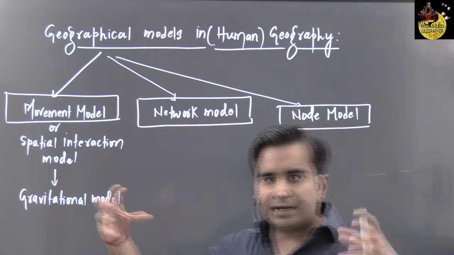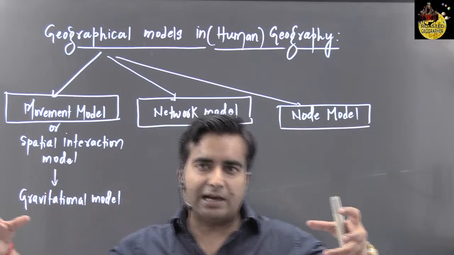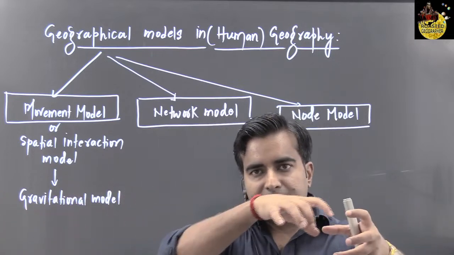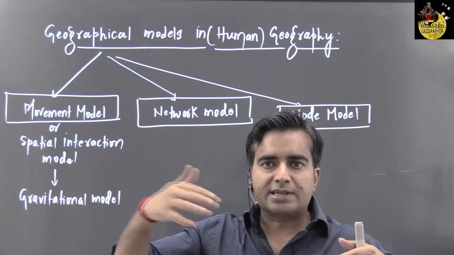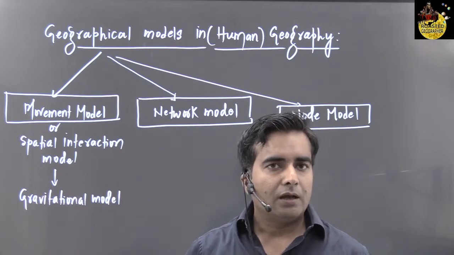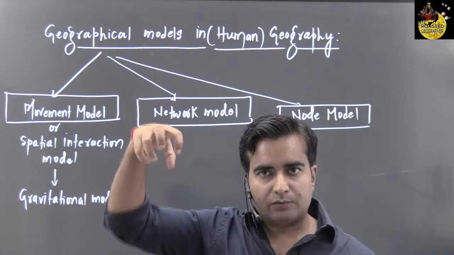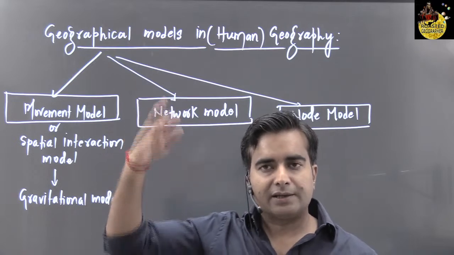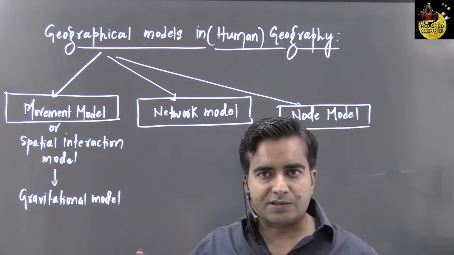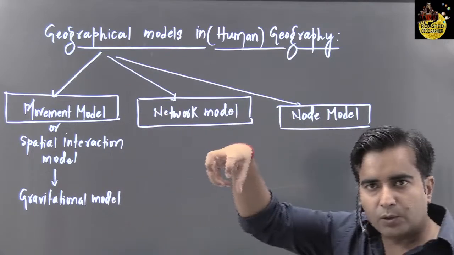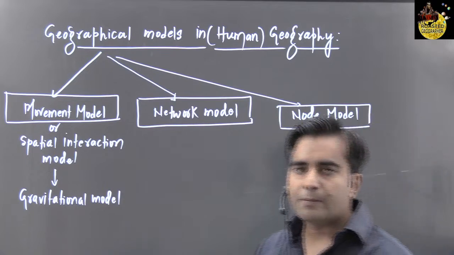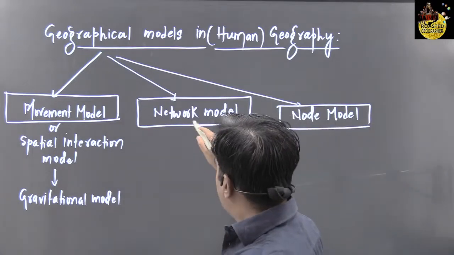We can predict that if two cities are connected by the national highway, then some of the settlements will start happening around both the sides of the road. Now if you are focusing on the city, one city is bigger than the smaller, hierarchy, rank size rule type ka. One is big, one is small. We are focusing on the nodes. It becomes the node model. Okay. So write in the network model.